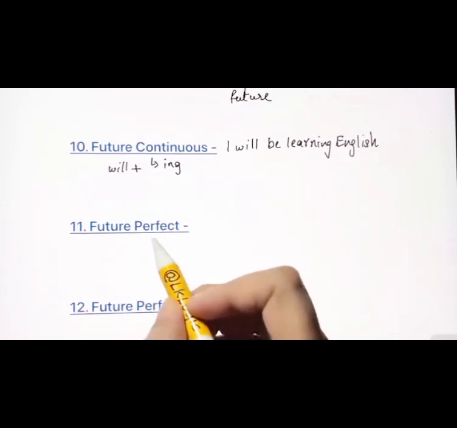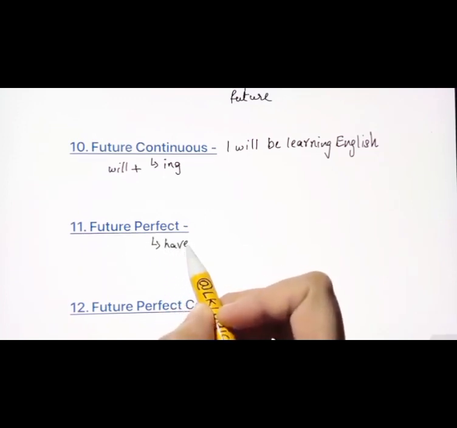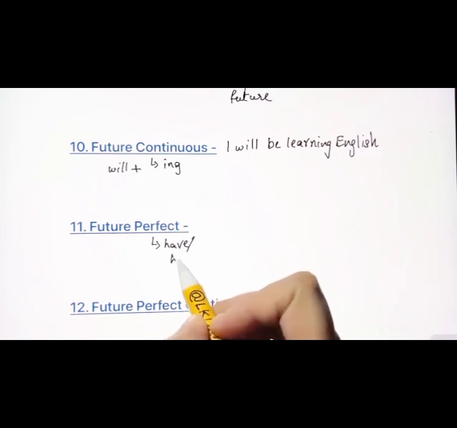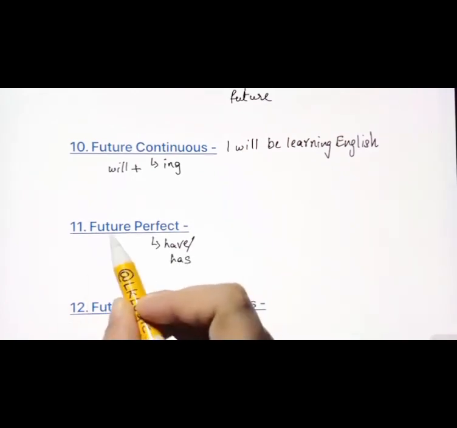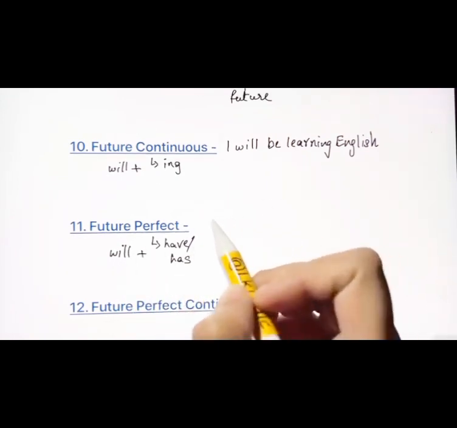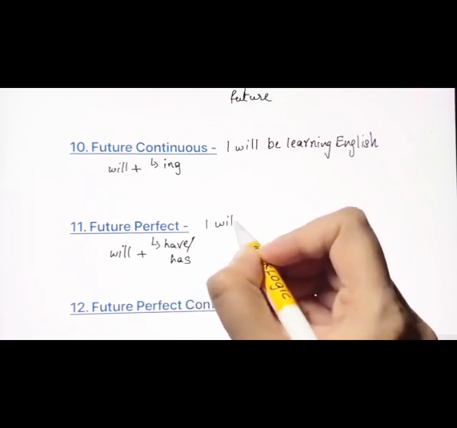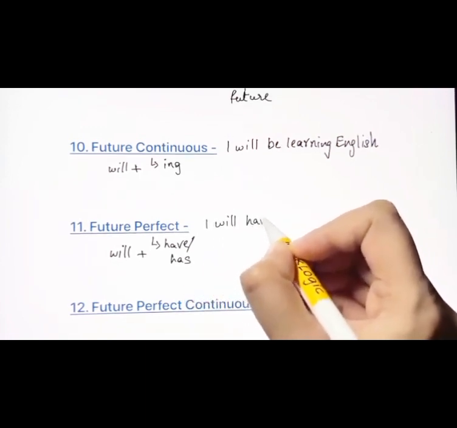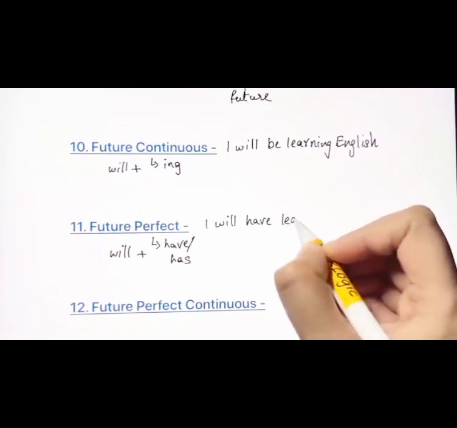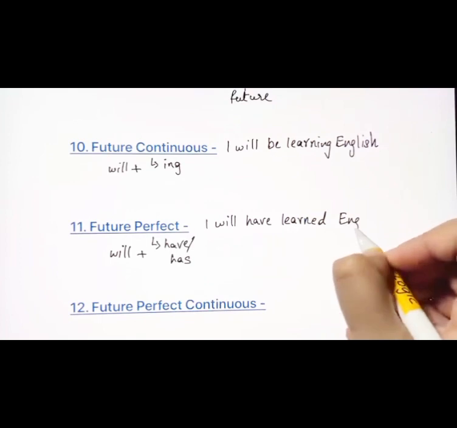Future perfect. Now as you have perfect, what are you going to add? Have or has, right? And since it is in future tense, you will be adding will to that. Will plus have or has plus the verb. So what will be our sentence? I will have learned English.